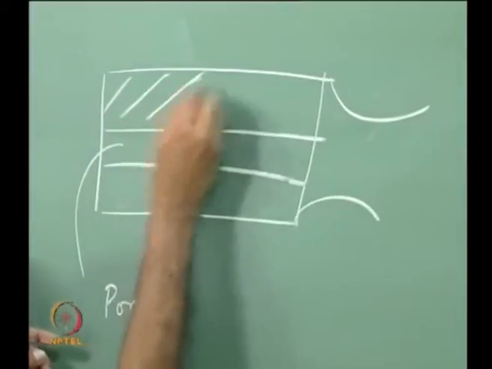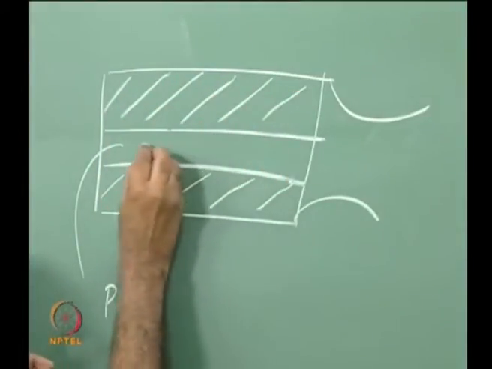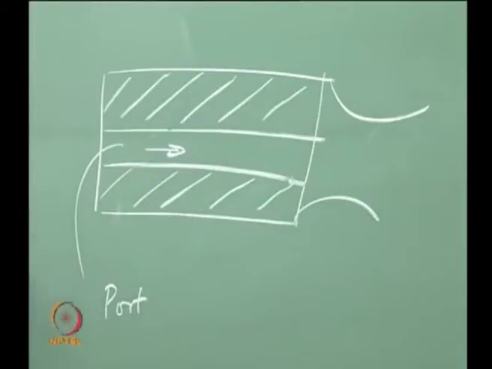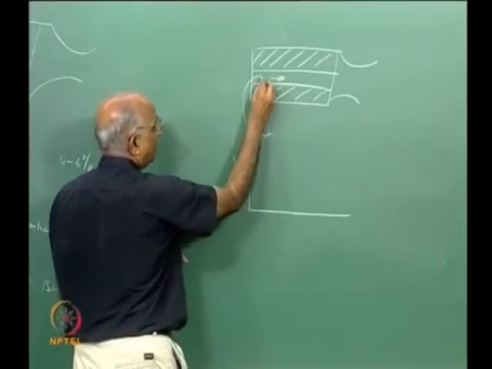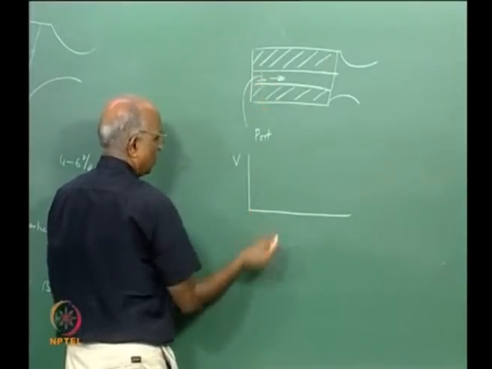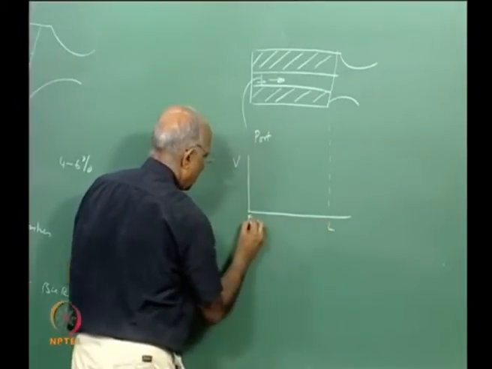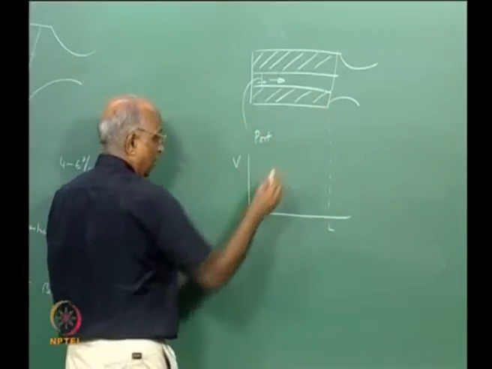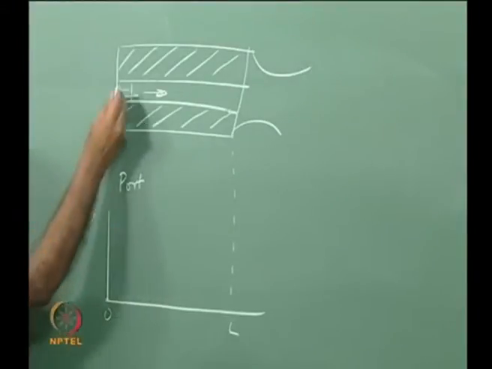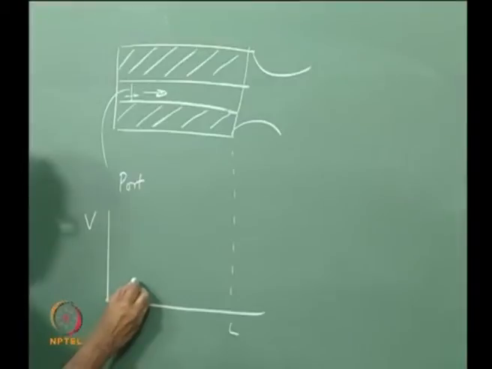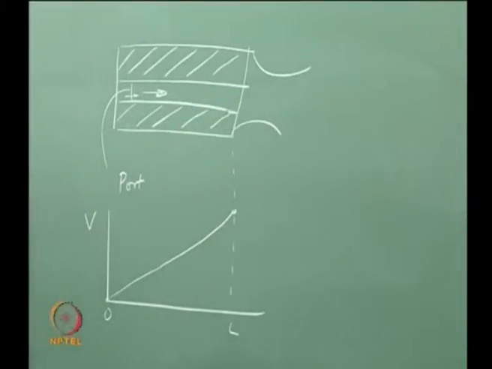Let us say this is the propellant grain, gas is coming out. Let us plot the mean velocity of the gases as a function of length, starting from the head end towards the nozzle end. Here there is hardly any velocity, but more and more gases are flowing, therefore the velocity is increasing. Velocity is maximum at the nozzle end.